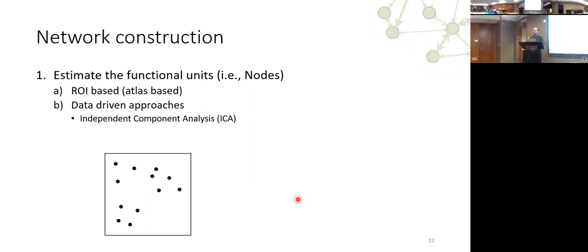Or we can use data-driven approaches that have garnered a lot of attention recently. For example, one of the more famous ones uses independent component analysis that tries, without any prior knowledge, to extract and estimate the nodes from the data.